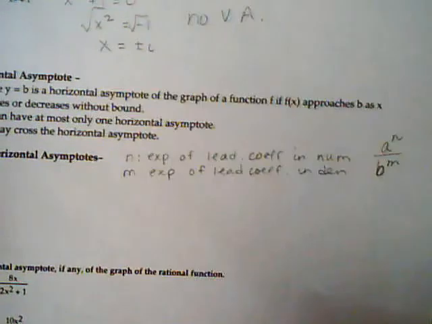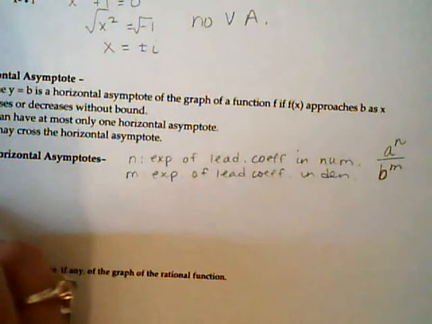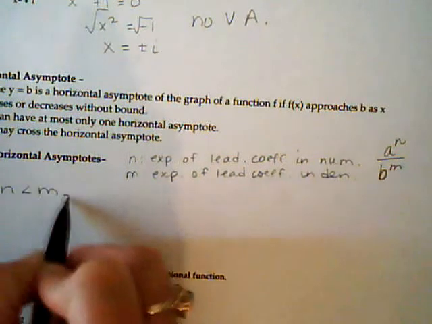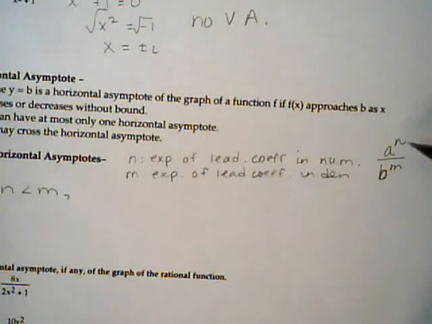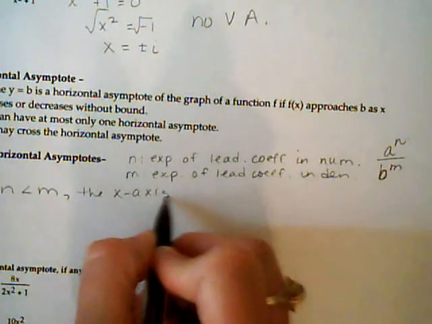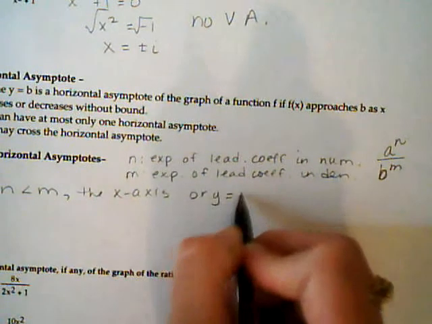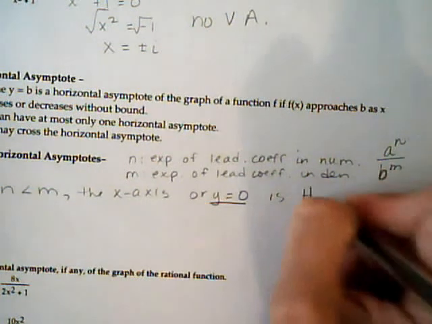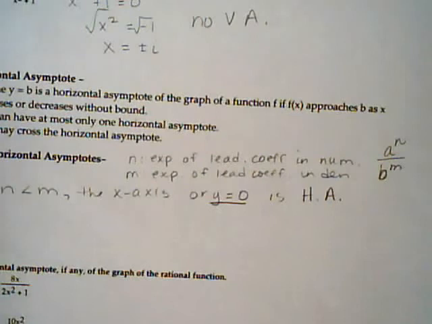Okay, so first I would say if n is less than m, if the numerator degree is less than the denominator, then the x-axis, or y equals 0, is the horizontal asymptote. Okay.